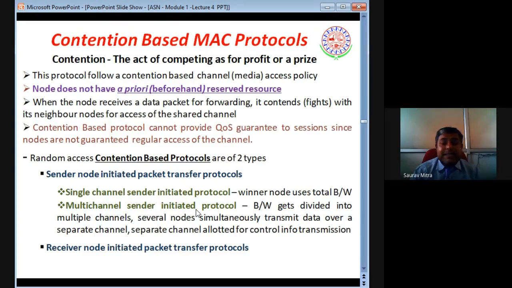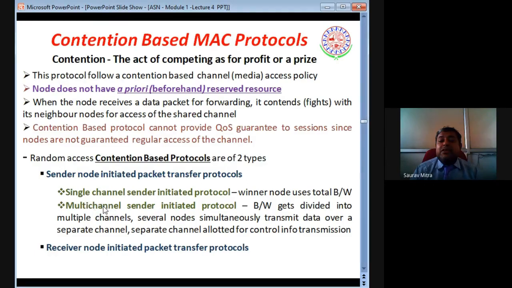So it can happen that one sensor node has some data to be transferred, and it can book one channel, or it can book many channels, or it can fight for one channel, or it can fight for many channels to transmit that set of information to the receiver. If one node is fighting for one channel from the source to the destination, then it is called a single channel sender initiated protocol.